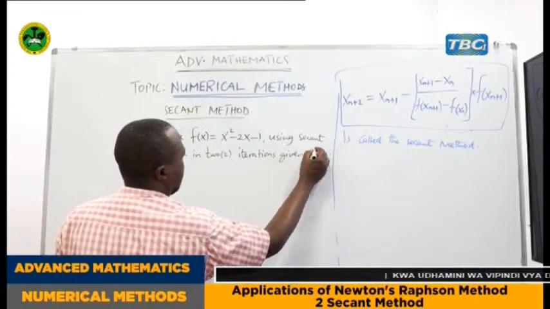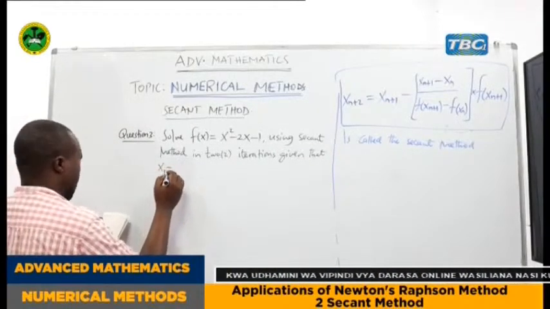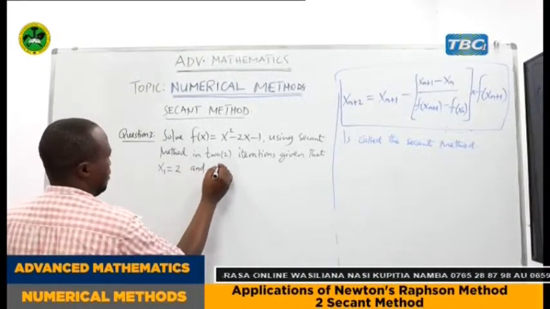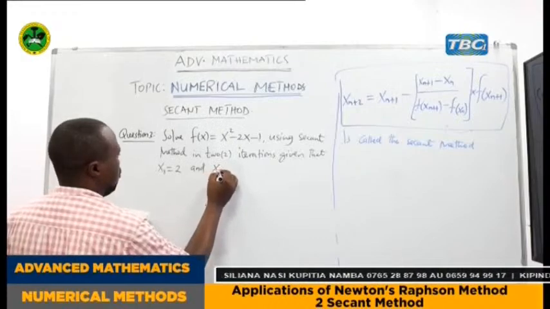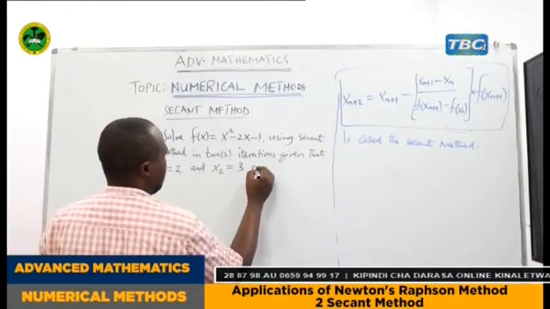Given that x1 is equal to 2 and x2 is equal to 3.